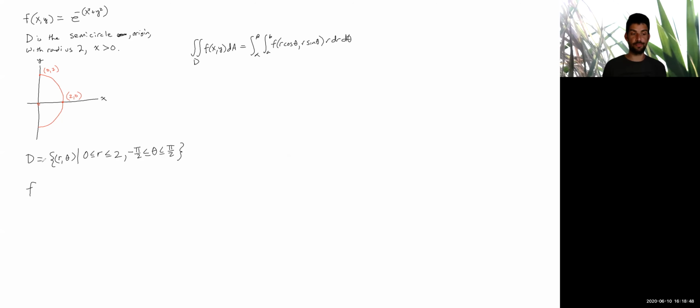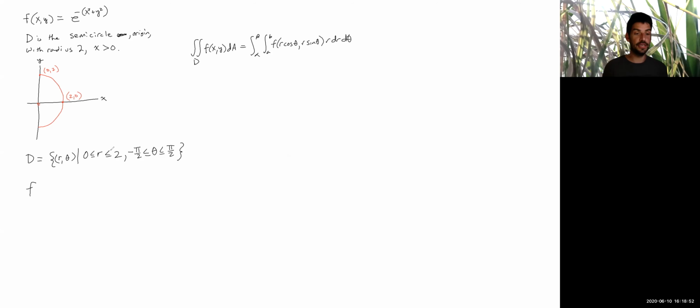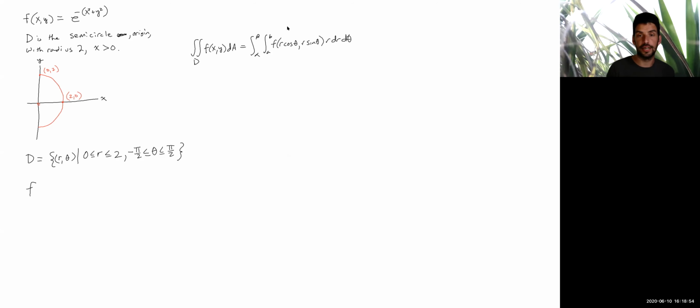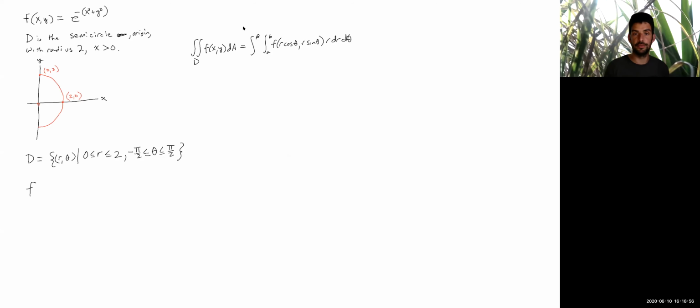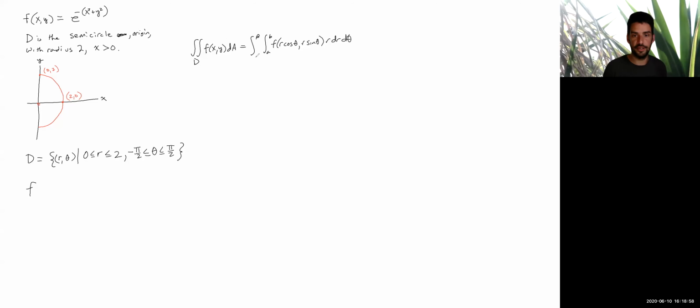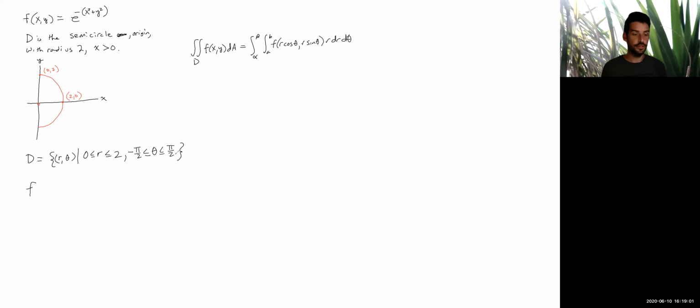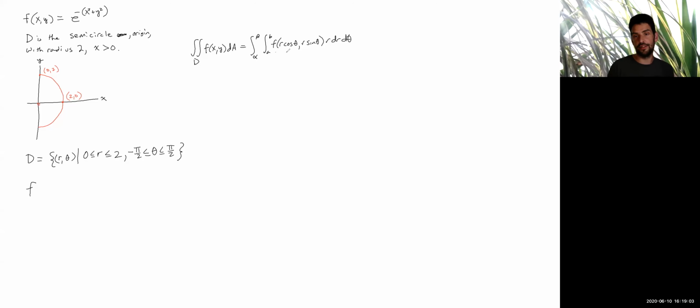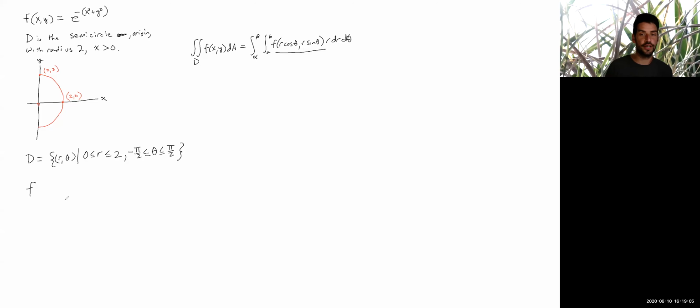So with this expression of D, I now know exactly what A and B and alpha and beta are, right? They're the limits on the radius and the angle. Let's take a look at this piece, f of r cosine theta, r sine theta.